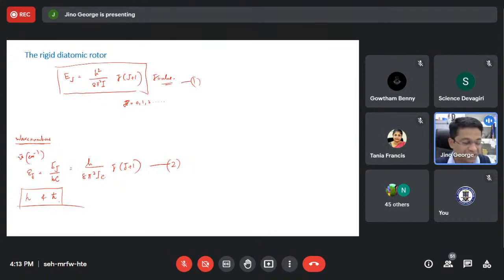We use h as the Planck constant. The reduced Planck constant is called h bar, which is h by 2 pi. But I want you to know where it is coming from. Remember I was mentioning in the first slide yesterday a sine function where y is equal to a sine theta.